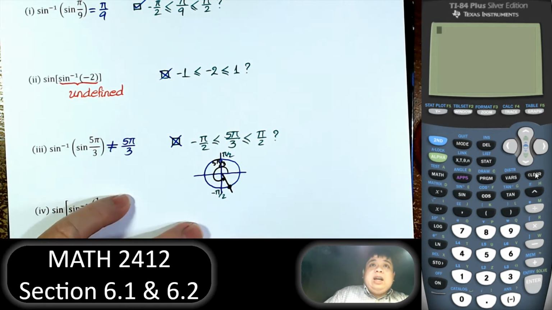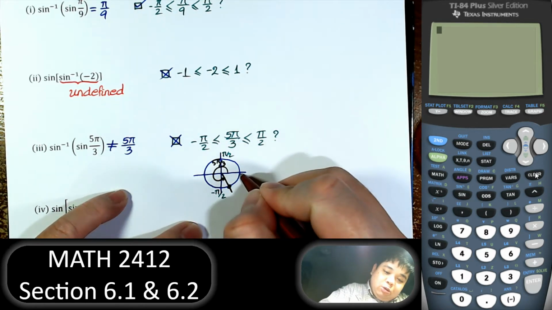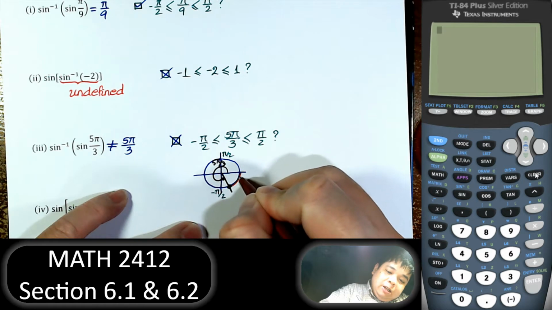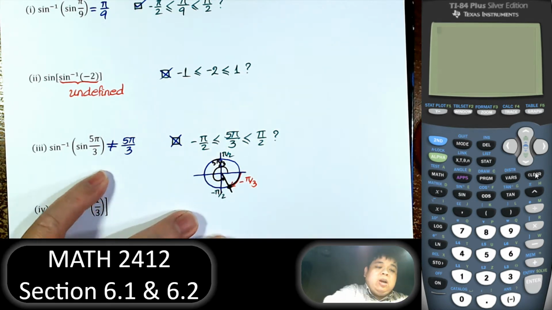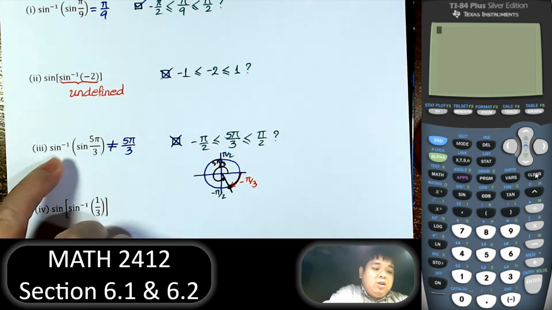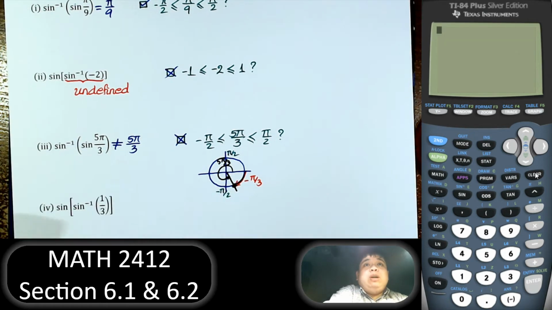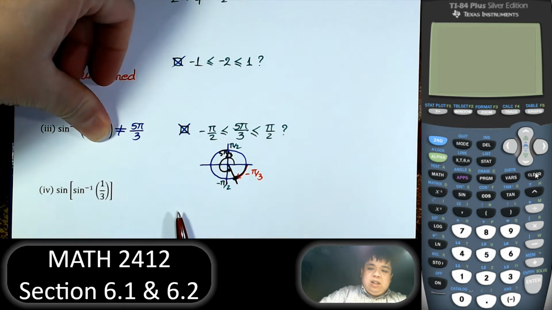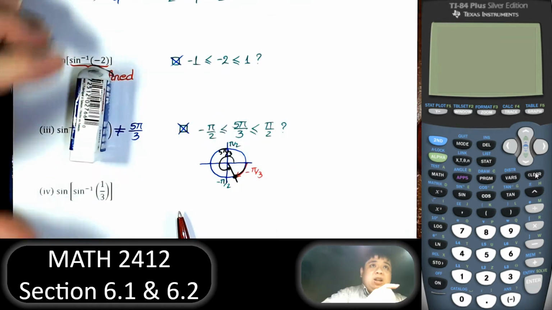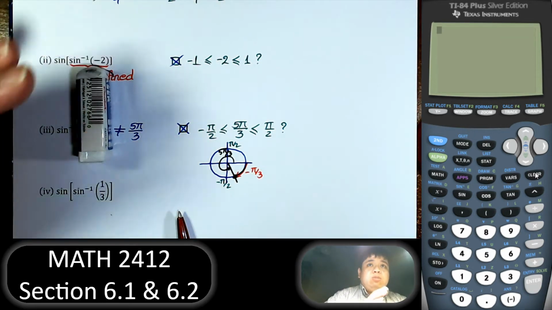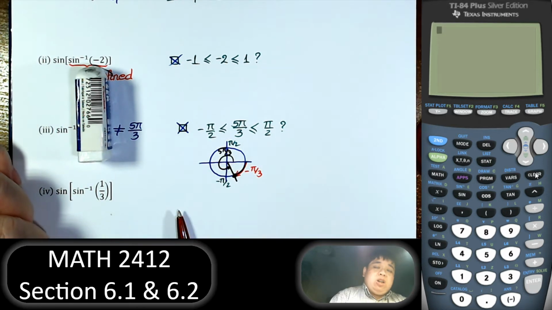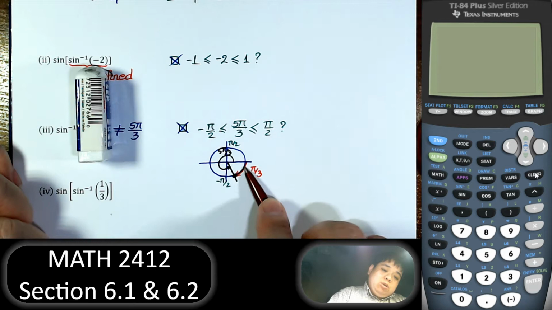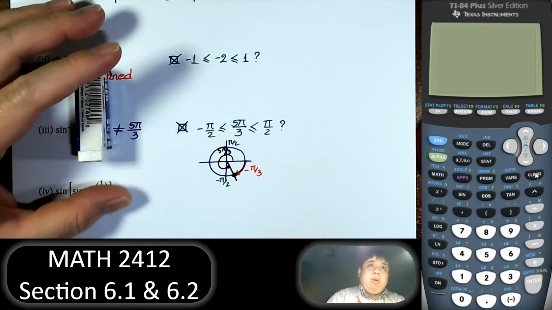If we pick the values, it's going to be negative pi over 3. Whatever is inside doesn't matter. Sine inverse of something has to be between negative pi over 2 and pi over 2, quadrants 1 and 4. So we choose the equivalent value, which is negative pi over 3.